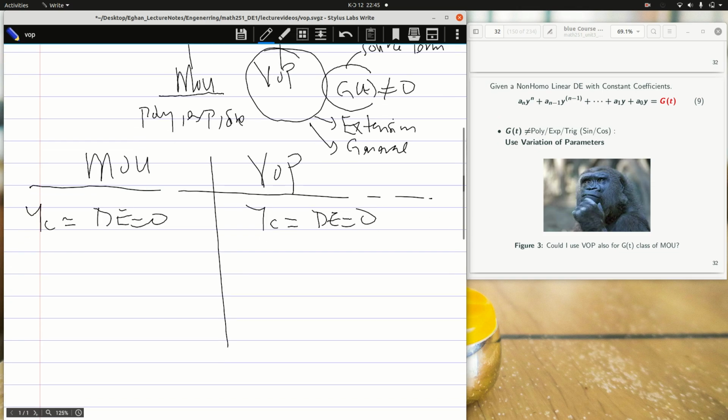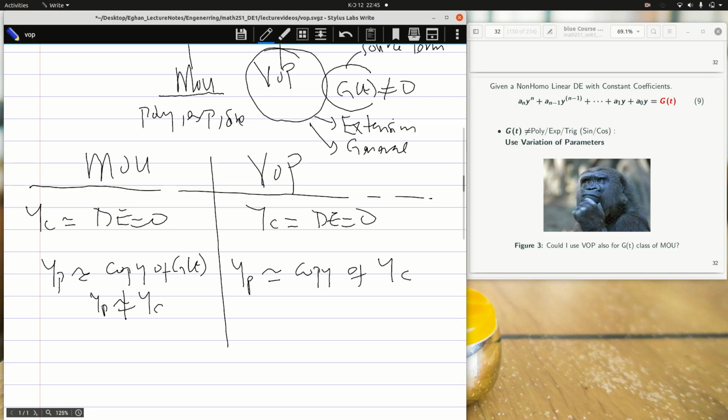Under MOU, we said our yp is a copy of our source term such that the solutions of yp should not be seen in the solutions of my complementary. The difference here is that for variation of parameters, our yp is rather a copy of the general solution, or the complementary solution.